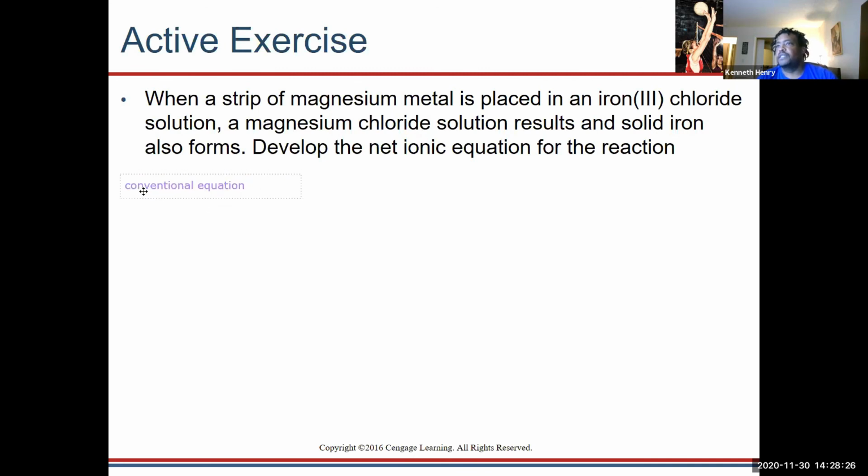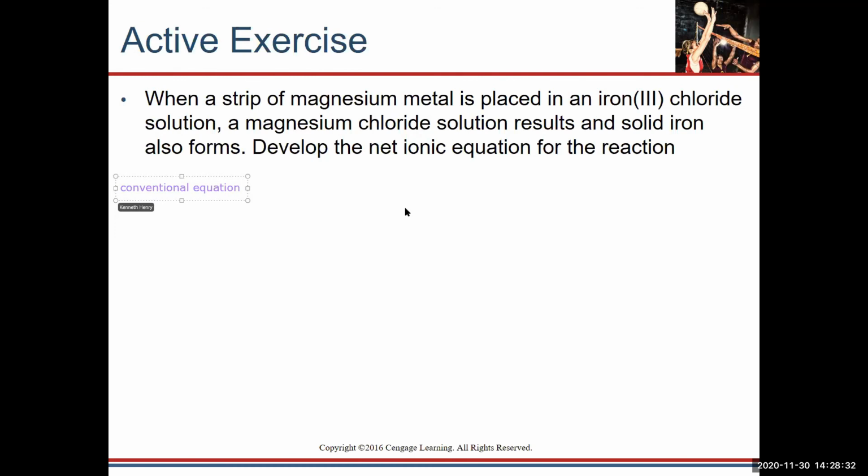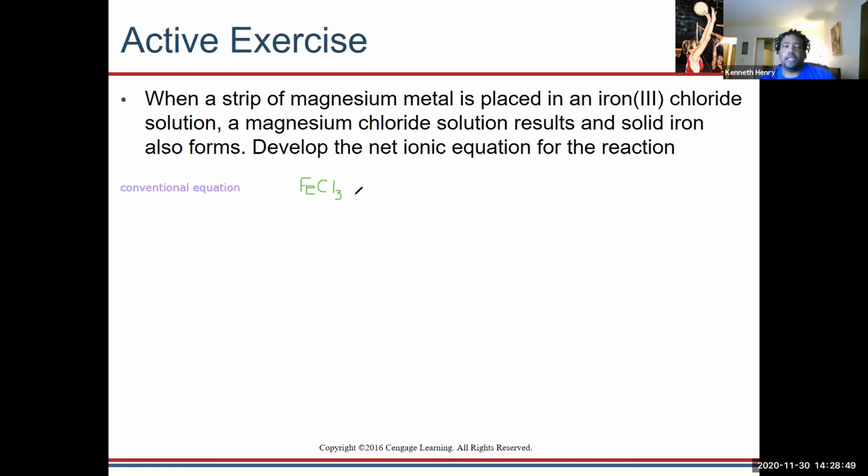See, Kevin, what are my reactants? It would be FeCl3. Solid, liquid, gas, or aqueous?